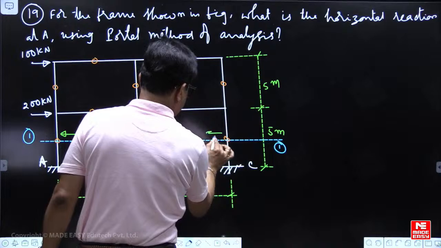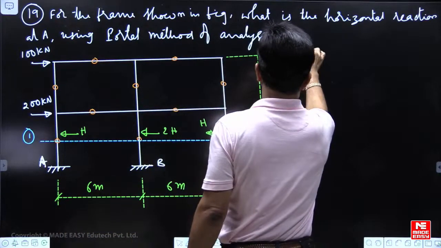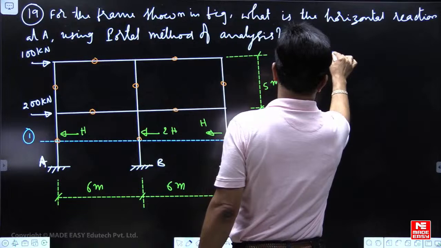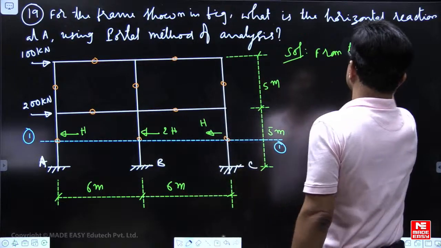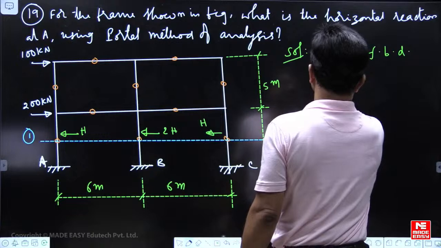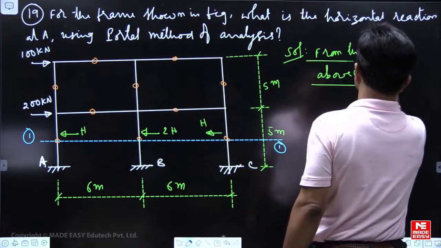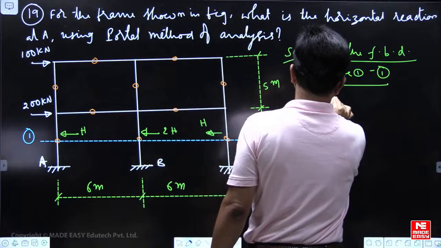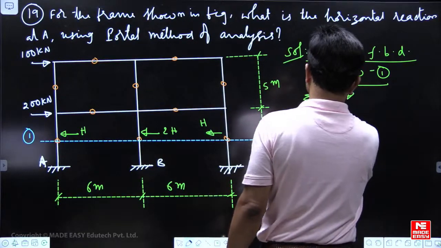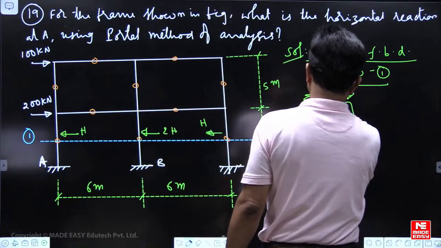This will be H. So from the free body diagram above 1 1, if I write sigma x is equal to 0, right side force is positive, left side force is negative.